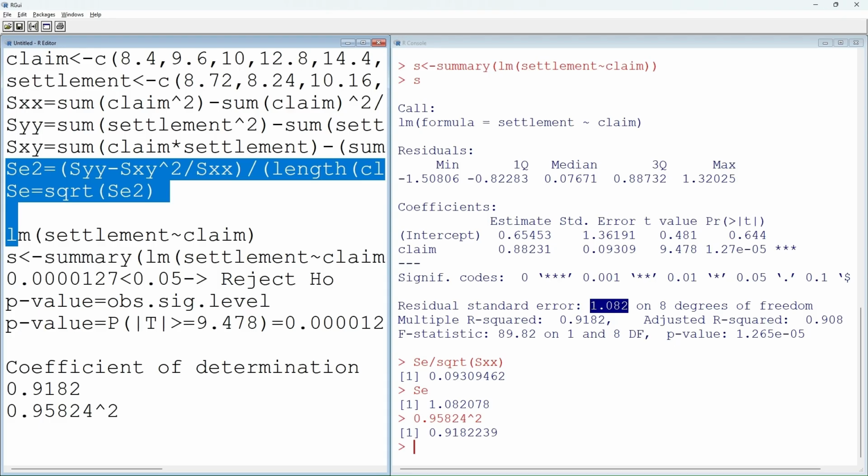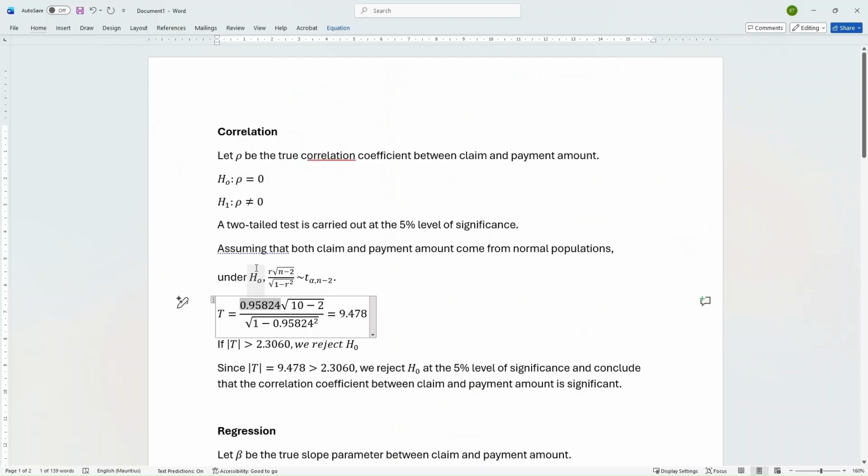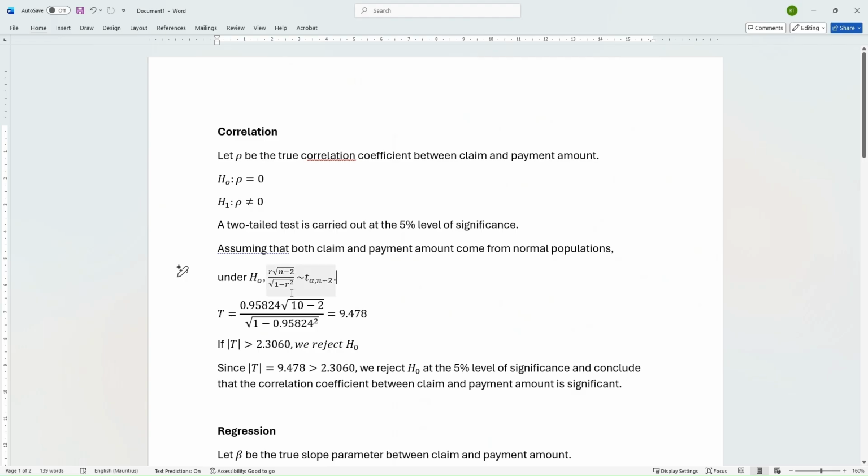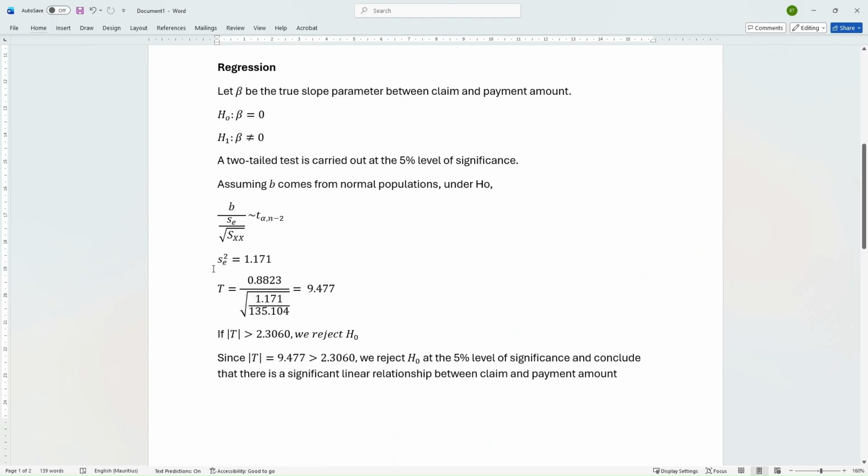So to come back here, in an exam setting, if I give you this output as it is, and you have a t-value given to you, things like that, and all these different outputs, you have to be careful. Please do not repeat the calculation here.